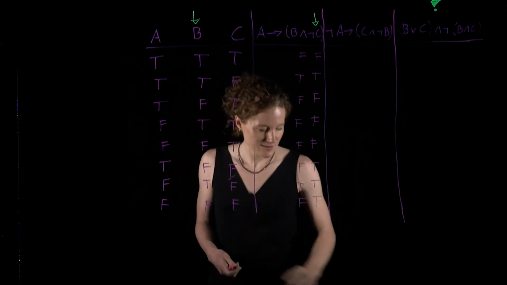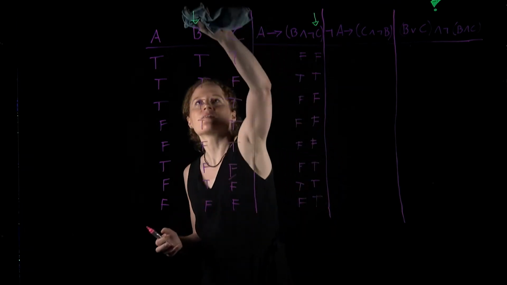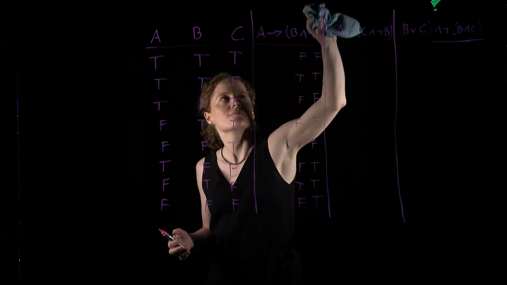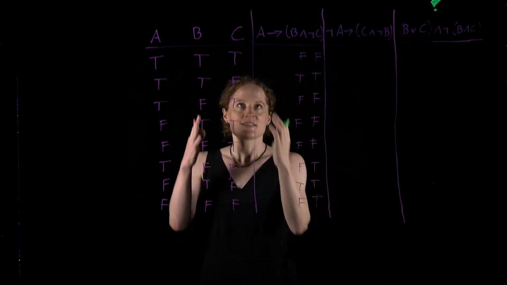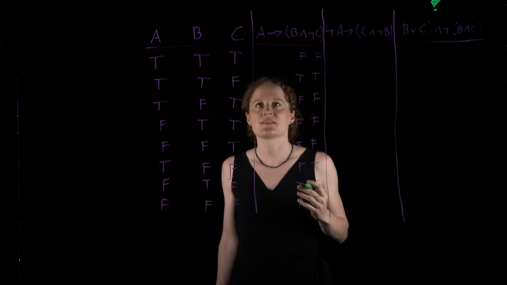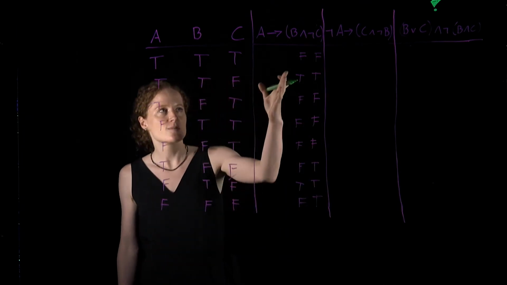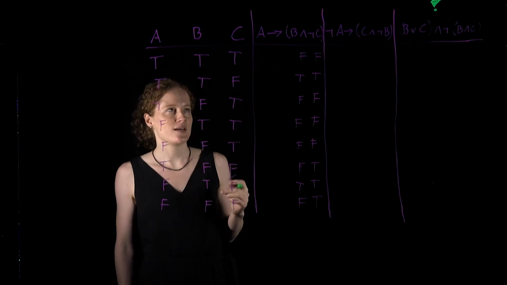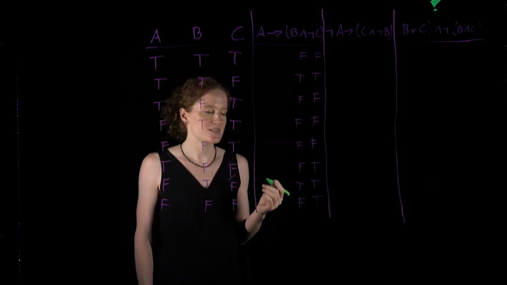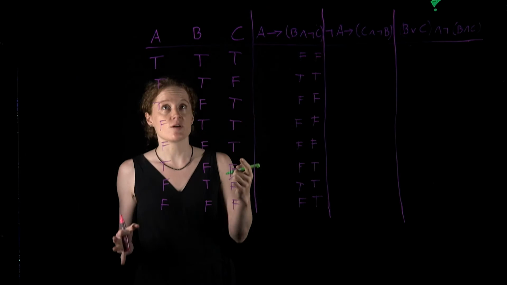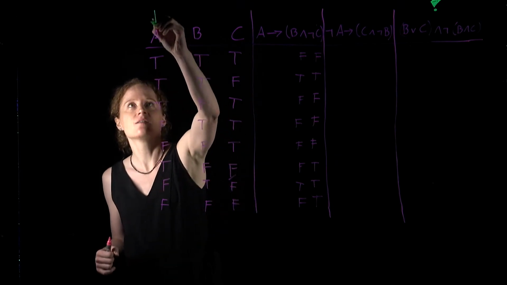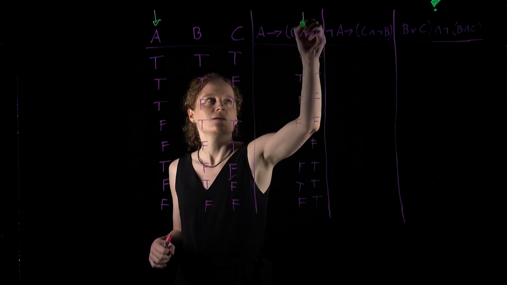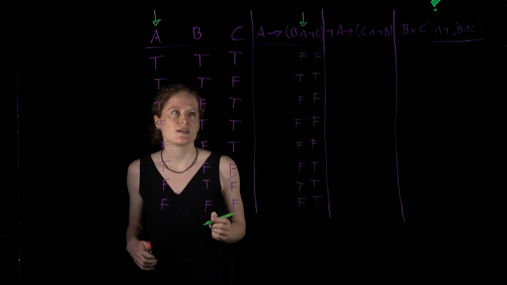Next, let's look at the conditional. Now the antecedent of the conditional is the sentence A, and the consequent of the conditional is the conjunction B and not C. So in order to assess the truth value of the conditional, I need to look at the column under A, and the column under the conjunction sign.